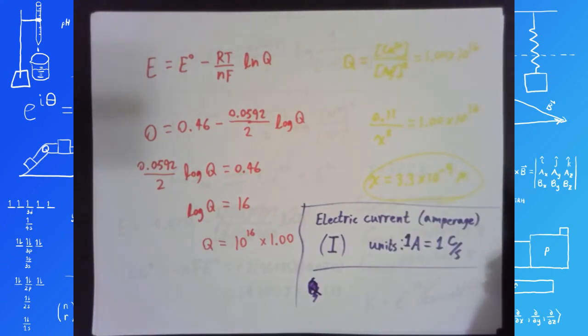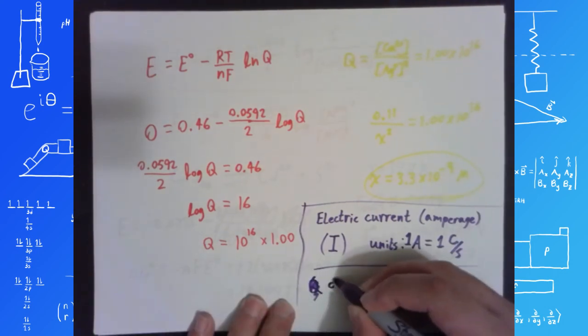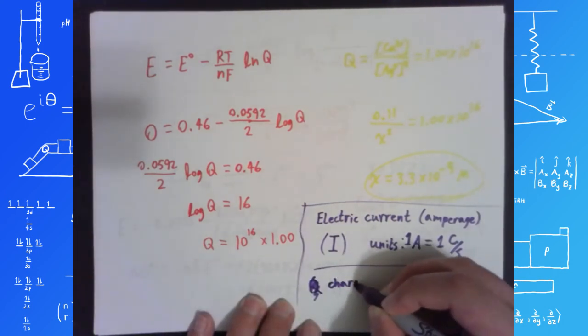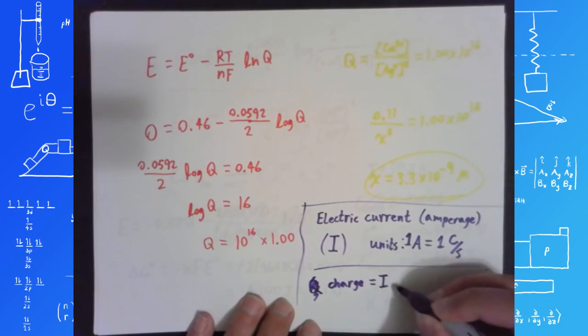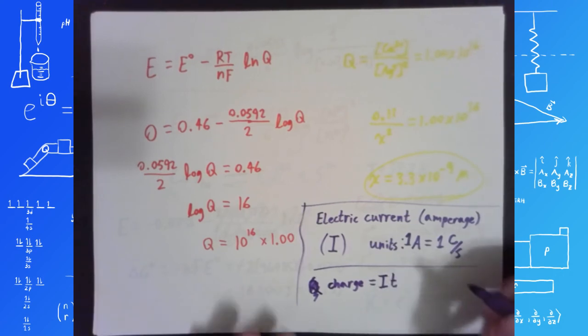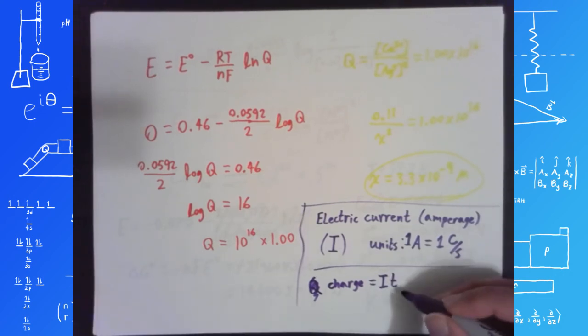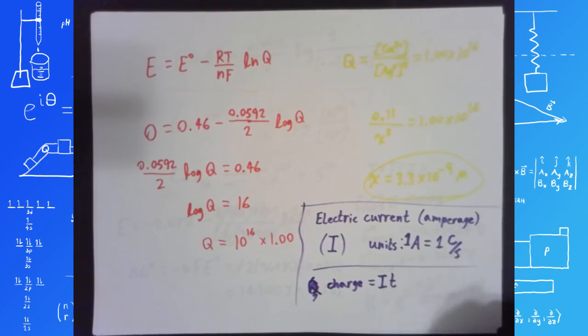What can I use to represent charge? Okay, I'll just write out the word charge. So charge delivered is equal to your electric current times your time in seconds. If your time is given in hours or minutes, of course you need to convert.